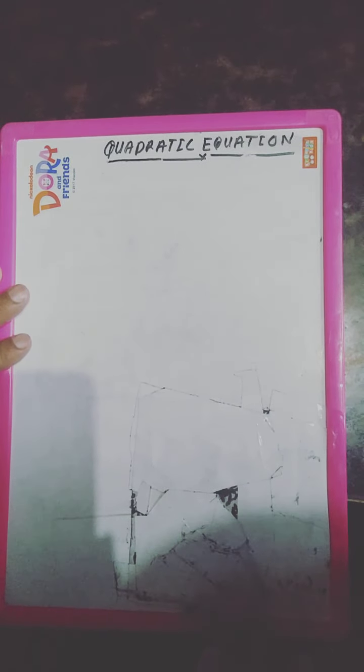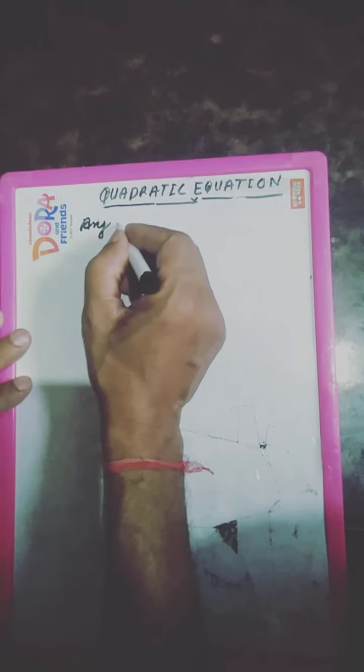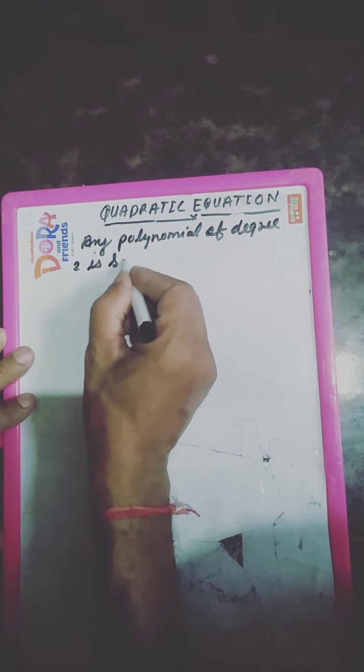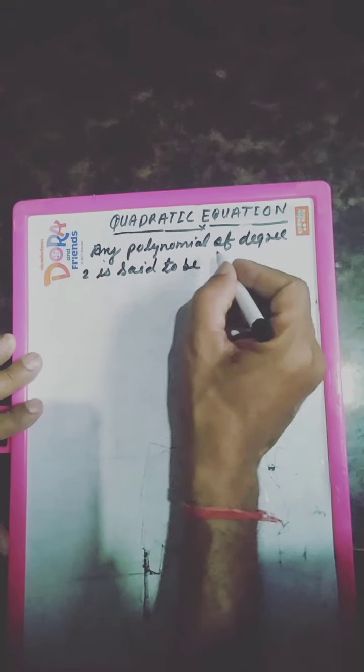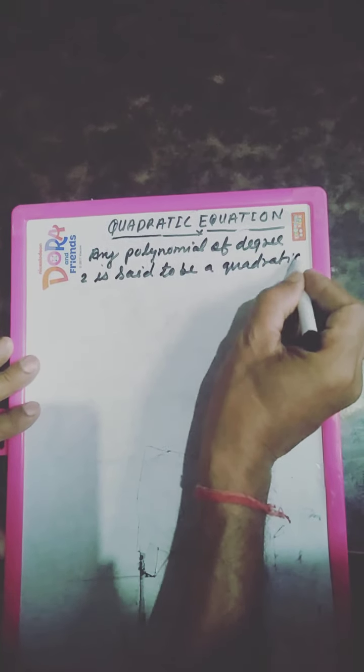Today we will start a new topic, quadratic equation. What is a quadratic equation? Any polynomial of degree 2 is said to be a quadratic equation.